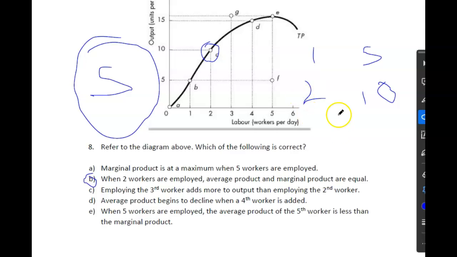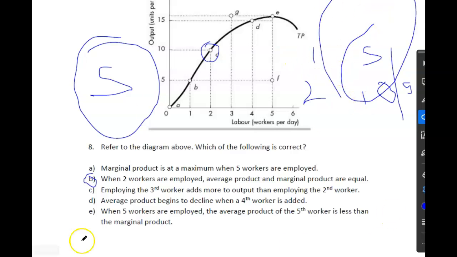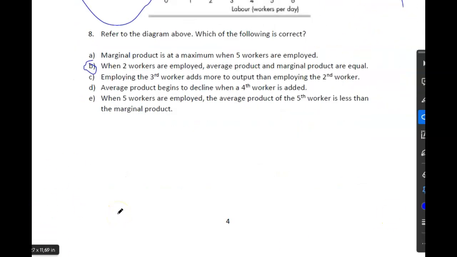When you added 1 more worker, you got 5 more products. So the marginal product here will be 5. By adding 1 more worker, how many products did you make extra? 5, right? So 5 equals 5. So obviously B is going to be correct. And that's it for this tutorial and all tutorials for part 3.